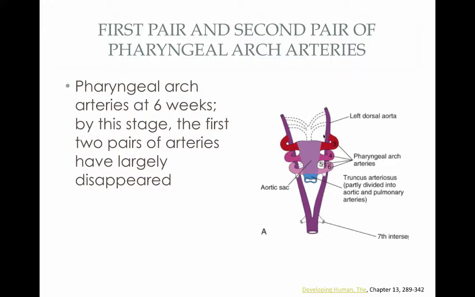And as we talk about the third, fourth, and sixth, you can see the fifth we'll talk about here too, but we can see at 6 weeks, the first and second pairs have largely disappeared.